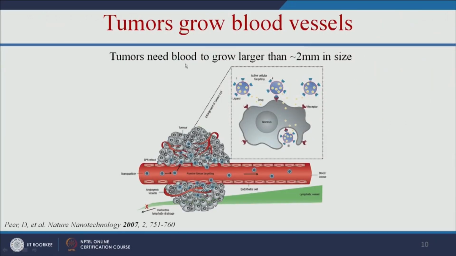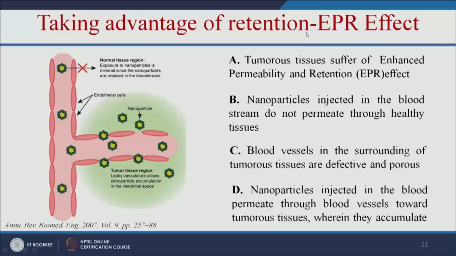So the tumor cells need blood to grow larger than 2 mm in size, and the tumor cells will have damaged blood vessels, like leaky blood vessels. So the tumorous tissue suffers from enhanced permeability and retention, that is called the EPR effect. So we can take advantage of this EPR effect, and when these nanoparticles are injected into the blood, they will go only to the tumor tissue region.